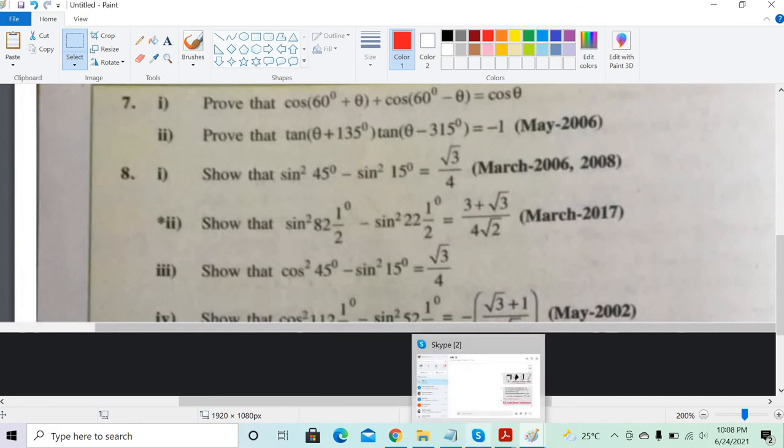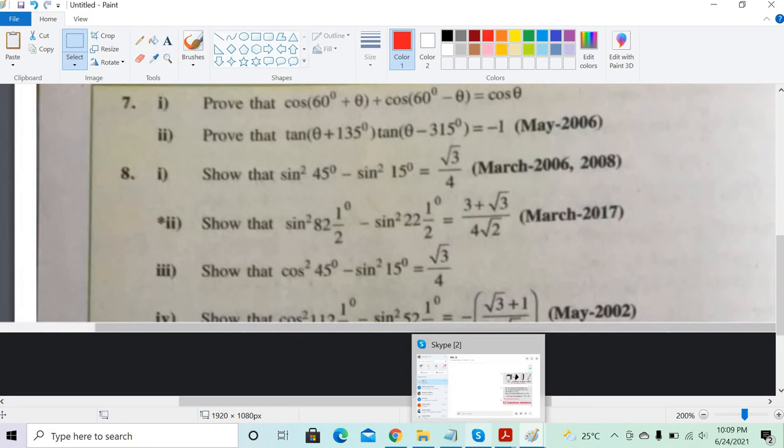What is that? He's telling 82.5 minus this one, right? So, anything happened from here? You could do something. Okay, I think we can't directly do this part, Akshat.